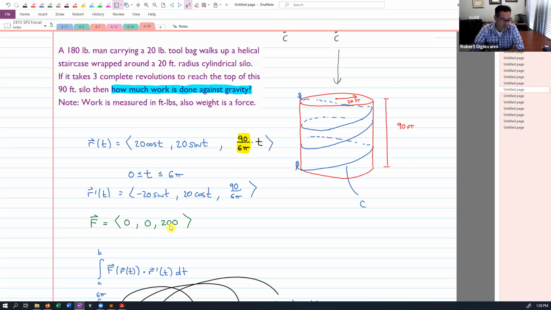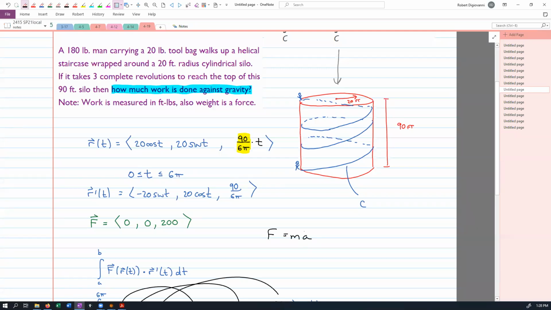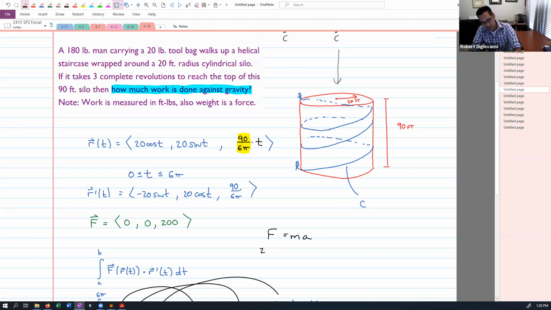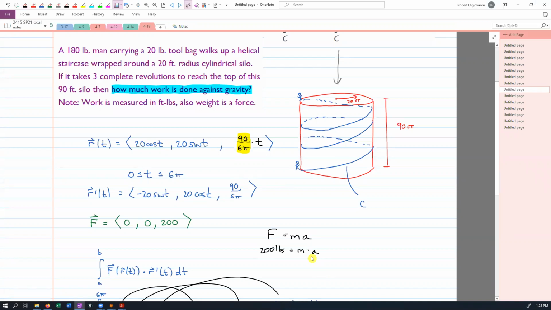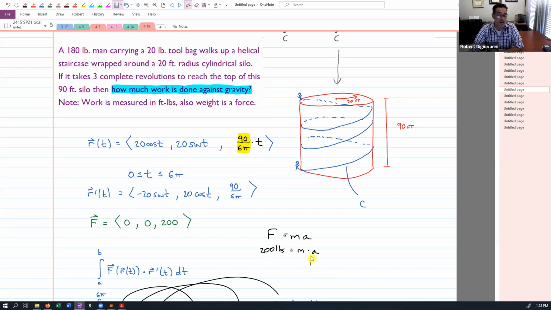So his weight on the moon would be different than the weight on Earth. But if you're saying why didn't we use F equals ma? Yeah, we did, because that's what his weight is. 200 pounds is equal to his mass times the acceleration of gravity on Earth. And that's the only reason we could use it. You're going to see in the next problem, I'm actually going to address that question because I'm going to give you an object's mass, not its weight.